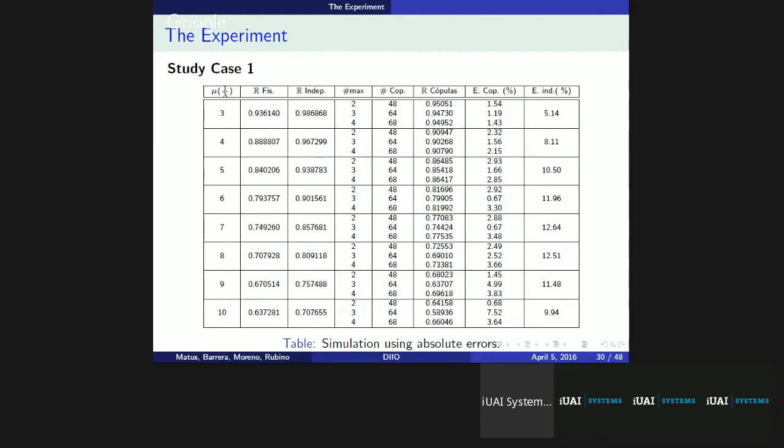And the independent model, in this case, is 0.93. It's far away from the 0.84. Yes, in this case, the independent model overestimates the reliability. But this is not always the case. In many cases the independent model can underestimate the reliability. It's just case by case.